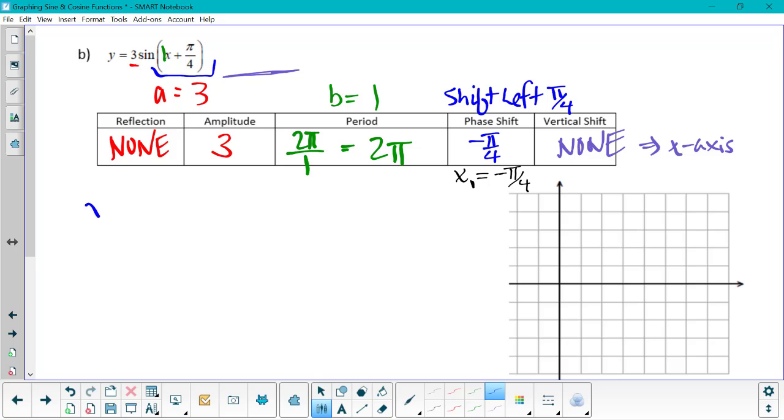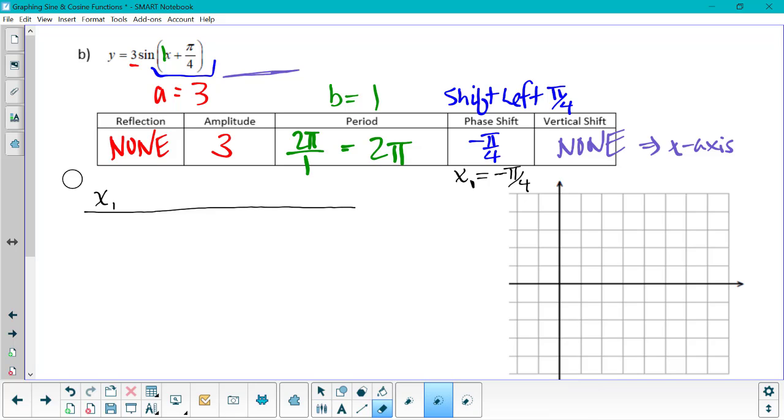My first x value then is the phase shift, called the PS. The phase shift is negative pi over 4.